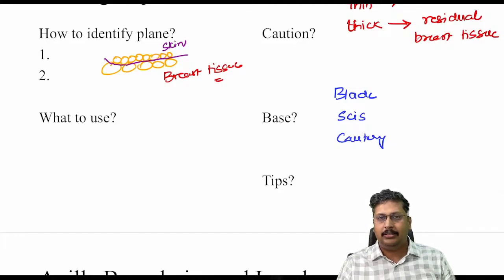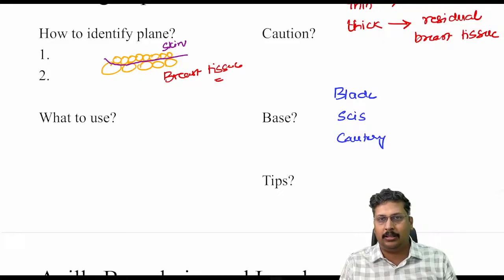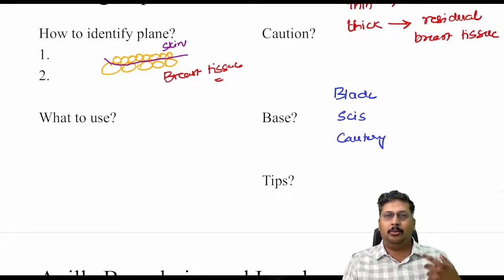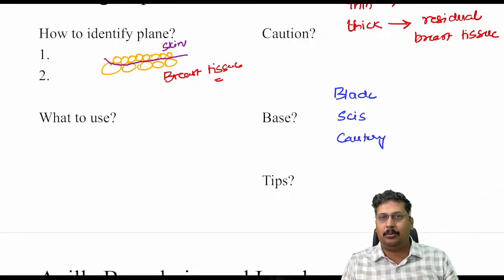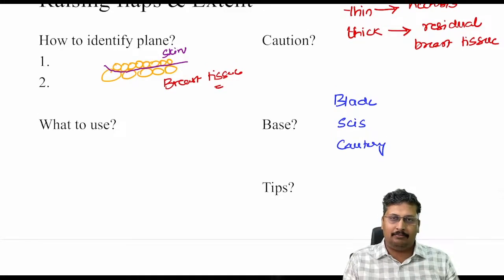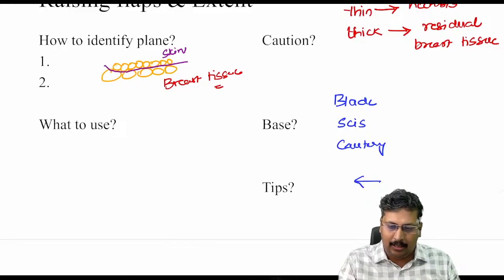Imagine you have made the incision, and then you use skin hooks to lift the flap. When you ask the assistant to lift the flaps, they will over-enthusiastically stretch the skin excessively towards them. So how will the skin be? The skin will be excessively lifted towards them. This is the skin hook.